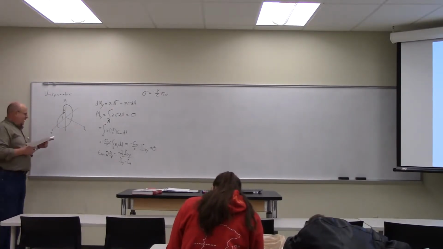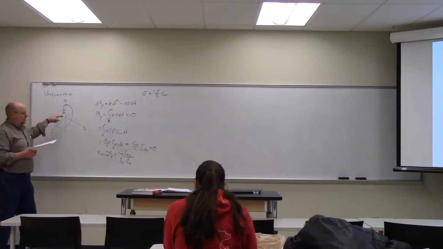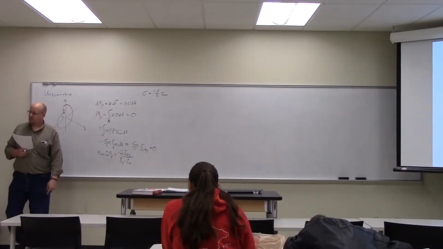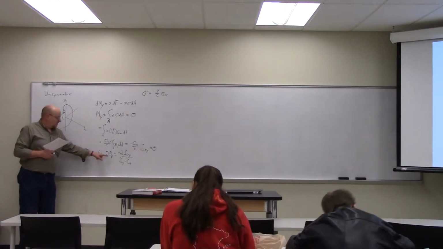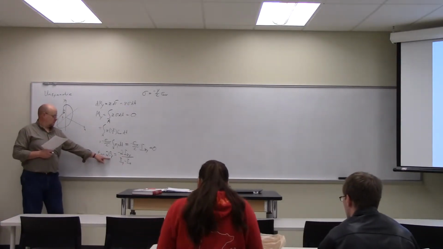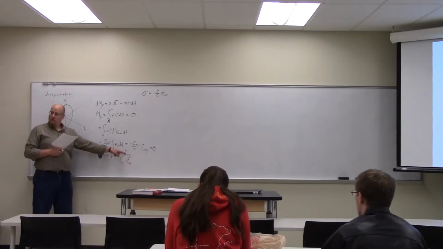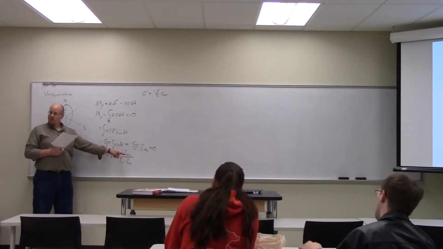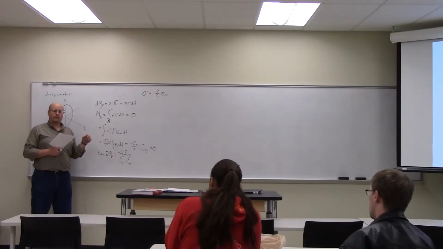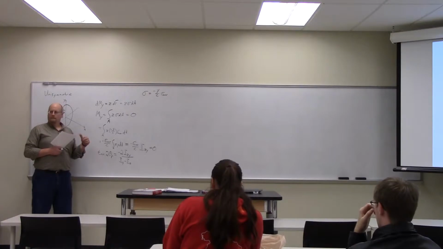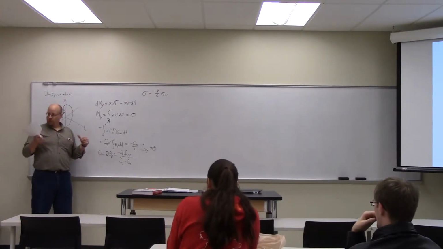But if we said that in order to get pure bending, IZY must be equal to 0, then that says that the tangent of 2 theta p must also be equal to 0. When is the tangent equal to 0? What values of theta give the tangent equal 0? 0 degrees, that's one of them.